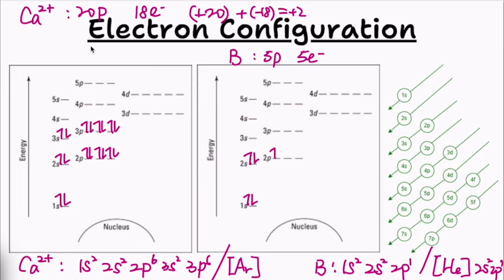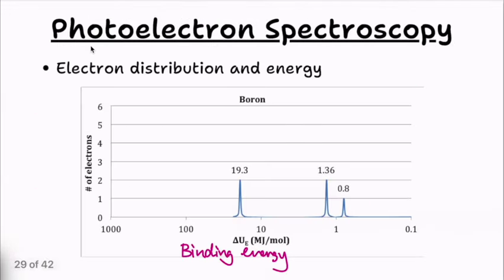So if you want to get rid of electrons in this very stable subshell, it's going to take a lot of energy. A greater binding energy means it's closer to the nucleus. The left side is close to the nucleus, and the right side is close to the valence shell.